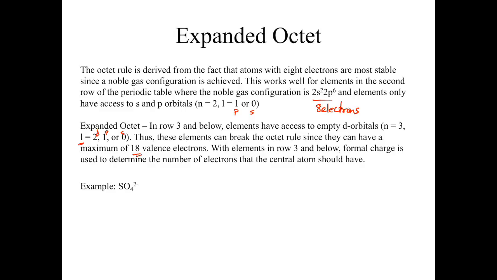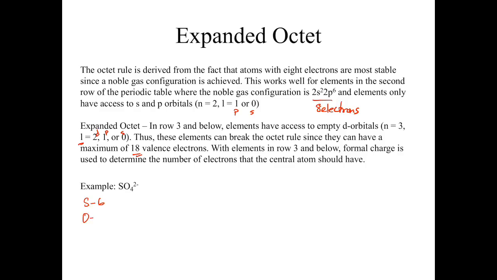So let's look at an example here of SO4 2-. Sulfur is in the third row. So let's use the principles that we've been using to come up with the Lewis structure for SO4 2-. So S is going to bring 6 electrons to the party. S is in the same column as oxygen.